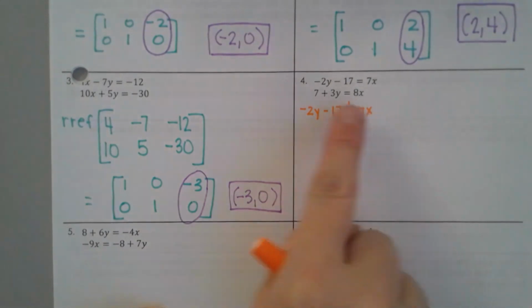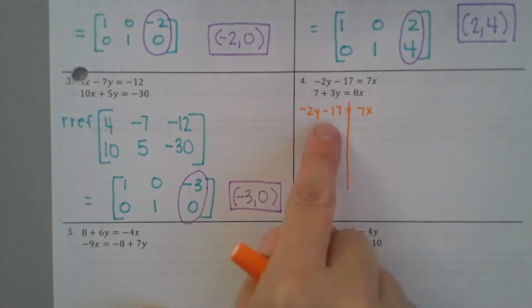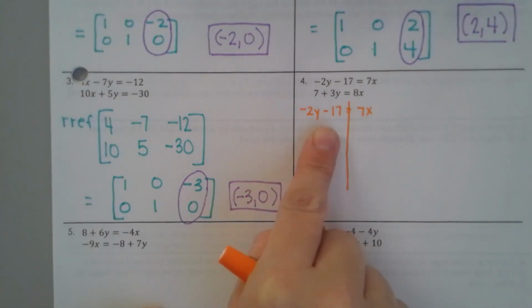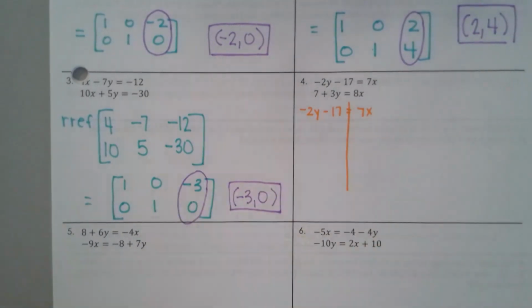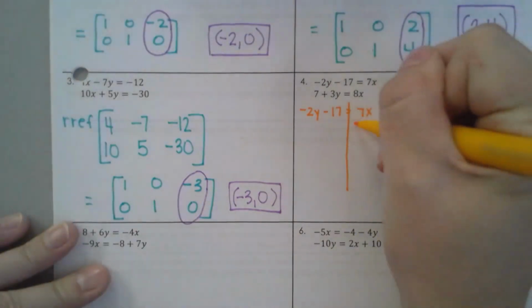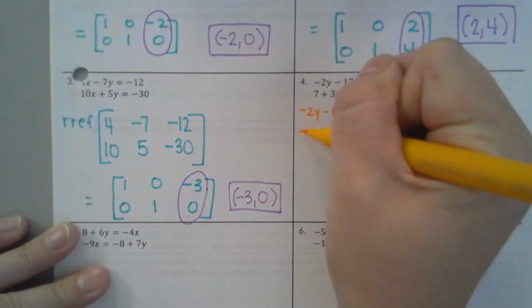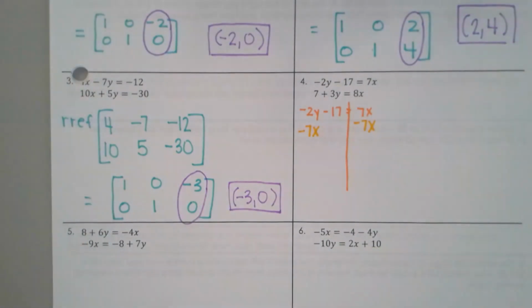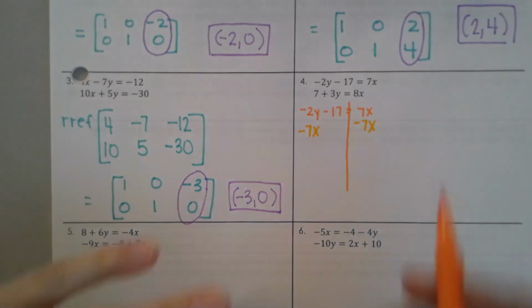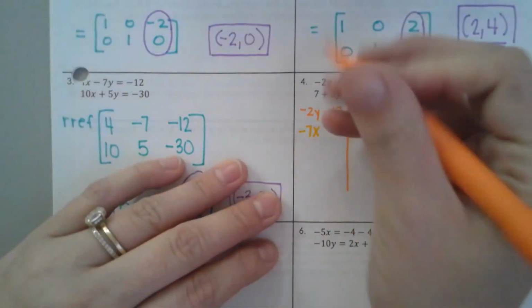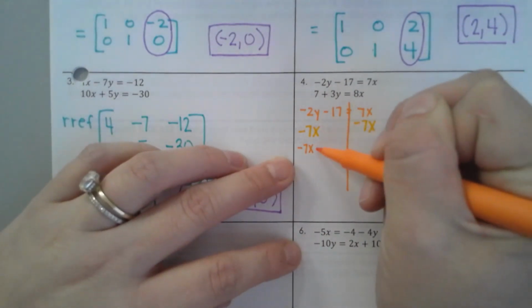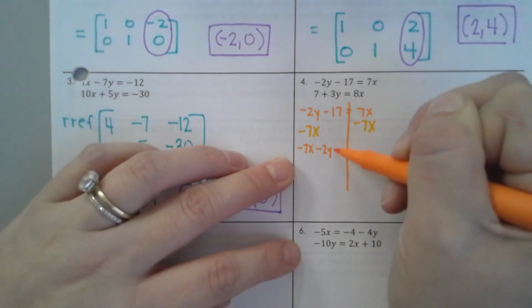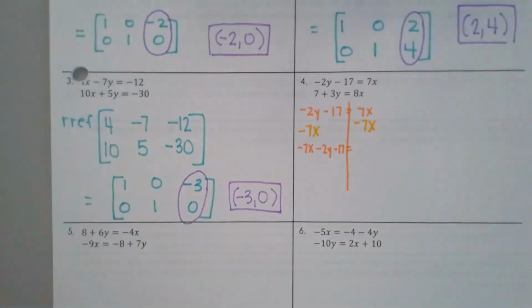If something has to go to the other side of the line, remember we have to change the sign. So if I want to bring this 7x over, I have to subtract 7x from both sides. So that's going to be negative 7x minus 2y minus 17 equals nothing.